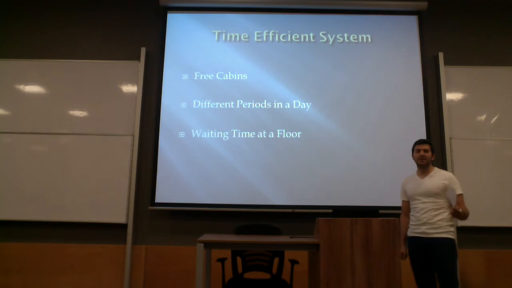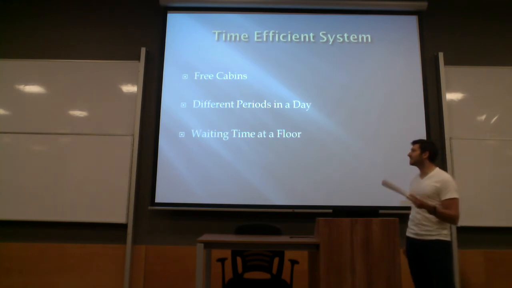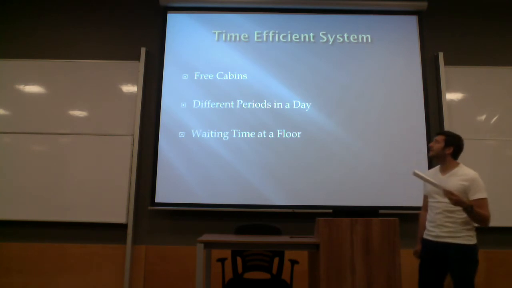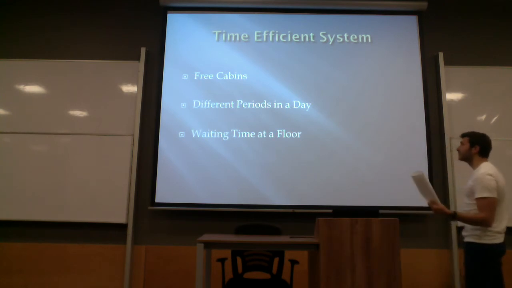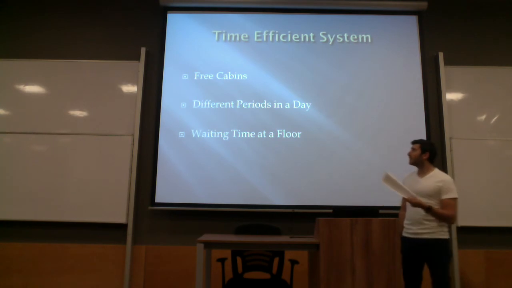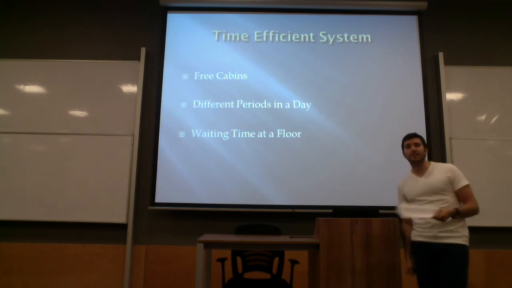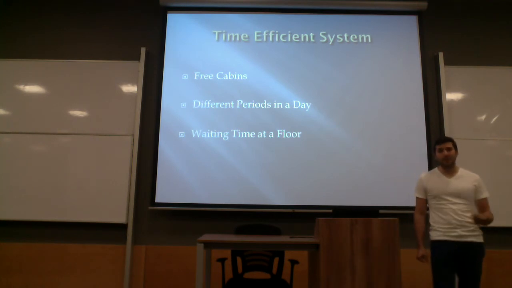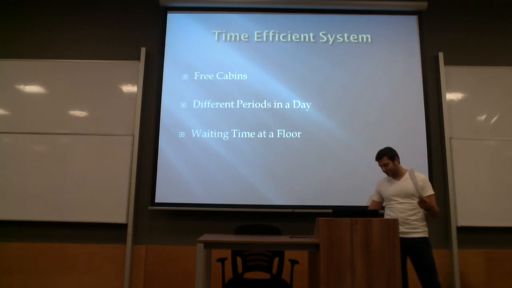From the same logic, people come home from work between 6 and 8 p.m., so the cabins will stay at the ground floor to save time. There will also be a waiting time at the floor. This time will be limited so that one person will not block a cabin for a long time.